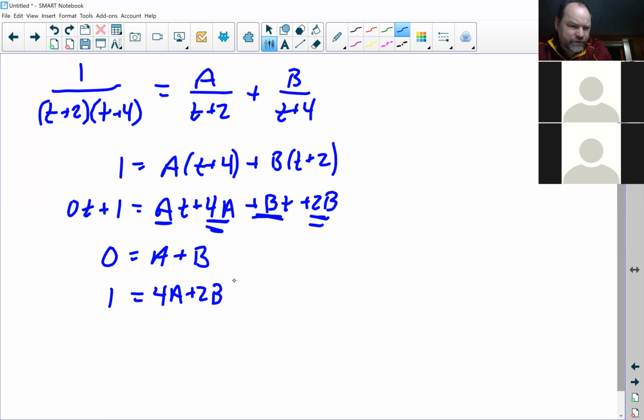And then you have a choice. You can solve this by elimination. You could solve it using substitution, kind of up to you. This one actually works out pretty well for substitution.